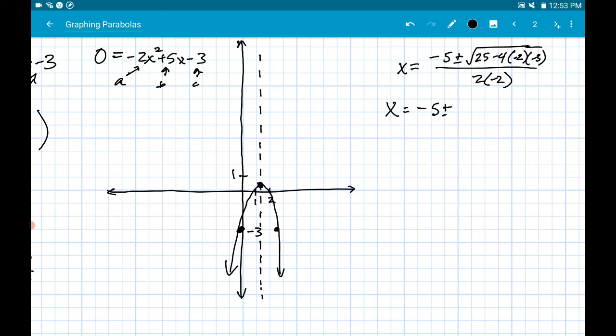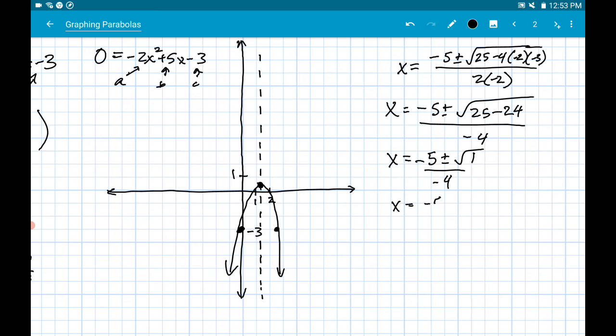Negative 5 plus or minus the square root of 25 minus, a negative times a negative times a negative is a negative, 4 times 2 times 3 is 24. Oh, that actually works out nice. X equals negative 5 plus or minus the square root of 1. Negative 5 plus 1. Negative 5 minus 1, if you don't like the plus or minuses.